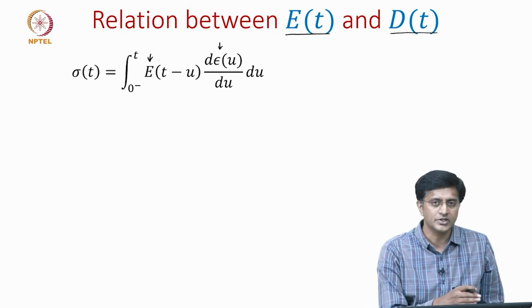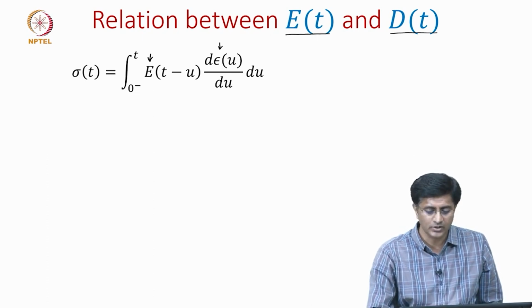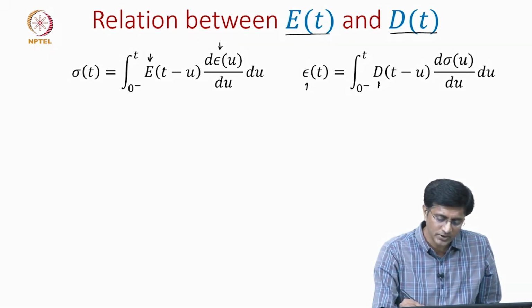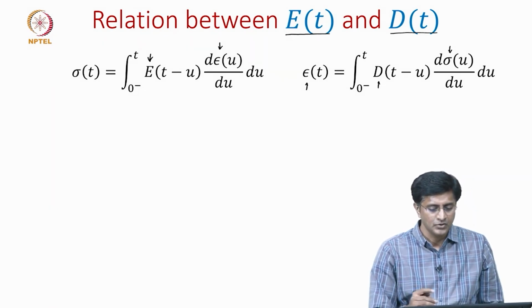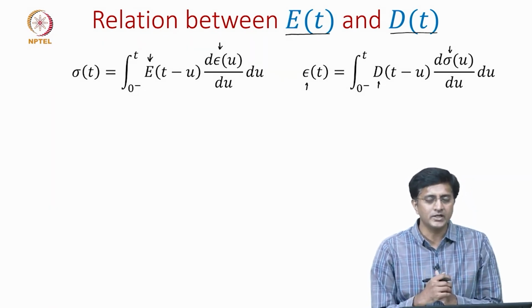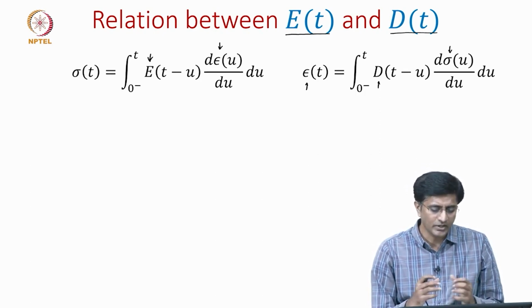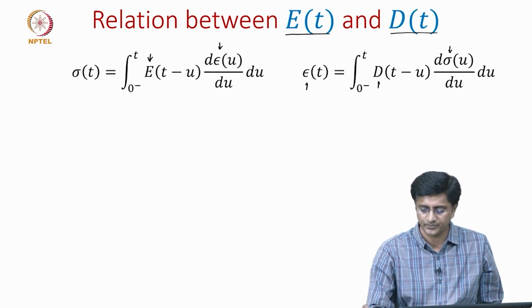Similar to the stress response, we also have the strain response given in terms of the creep compliance D and the stress input sigma. So these are the two Boltzmann integrals we have seen in the previous video. Now let us apply the convolution integral and see how we can simplify these.